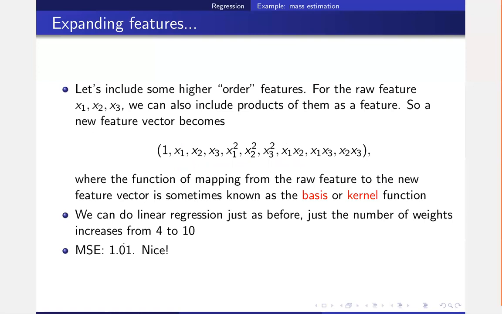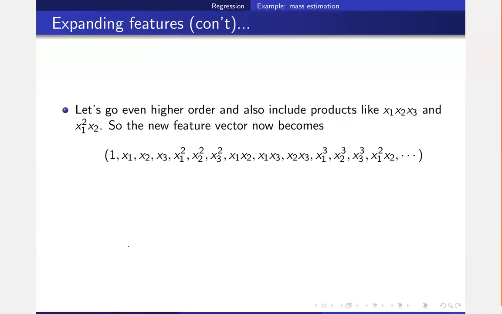Now I can recompute my training error. My training error is smaller, it's nice. And I can repeat that. If I'm not happy enough, I can make it an even higher order. So instead of ending with second order, let's also include the third order terms, third degree terms, or I don't know whether I should call it order or degree.